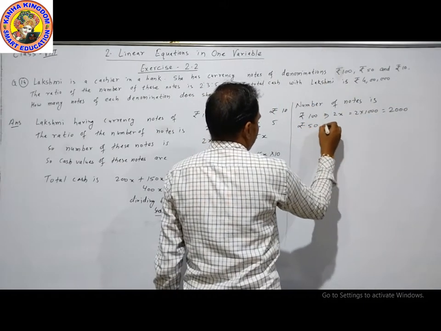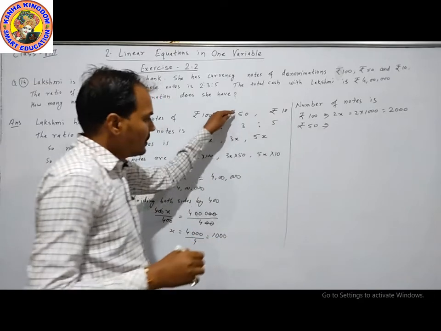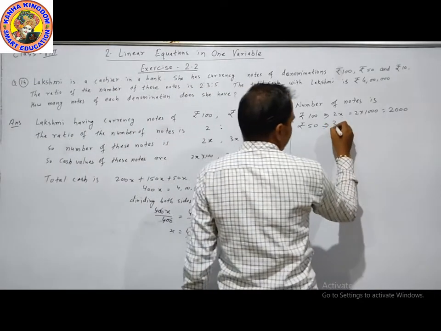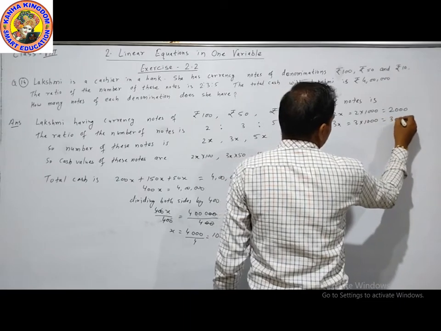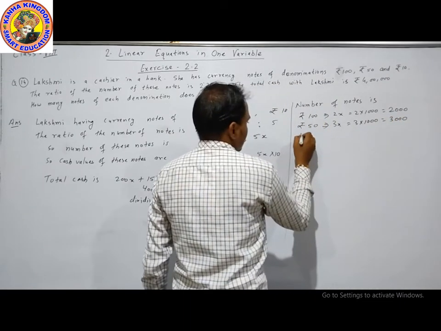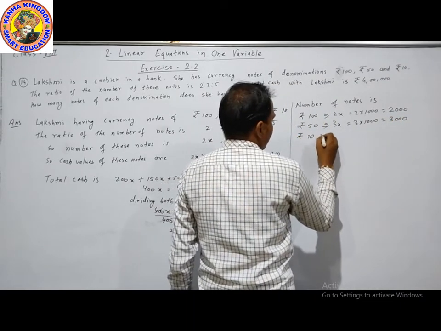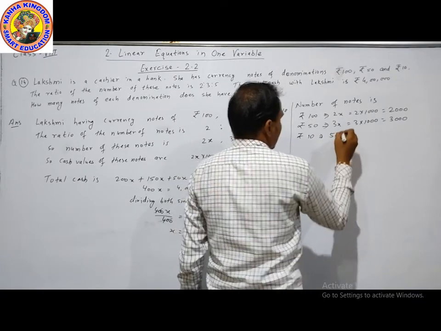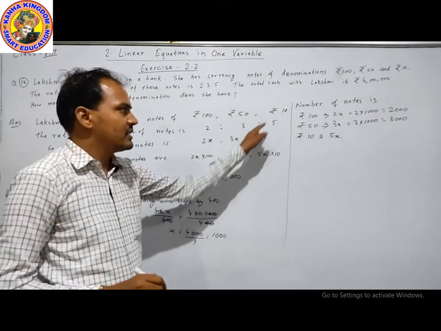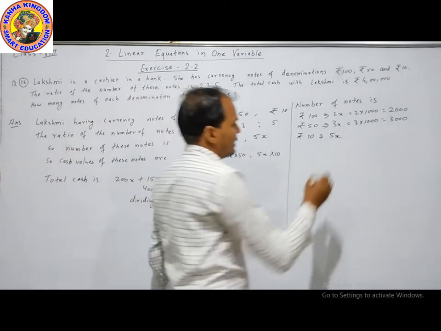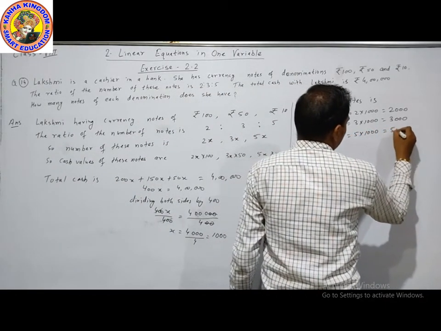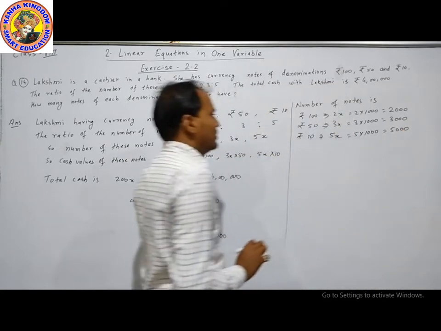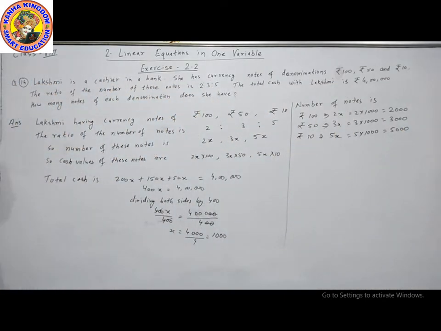When taking rupees 50 notes, the number is 3x, 3 into 1000, 3000. Rupees 10 notes are 5x, so 5 into 1000 is equal to 5000. This is our final answer.